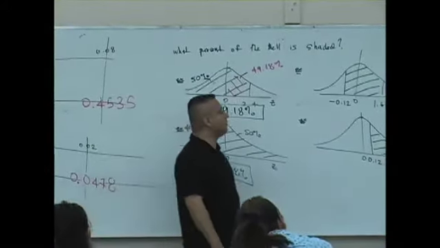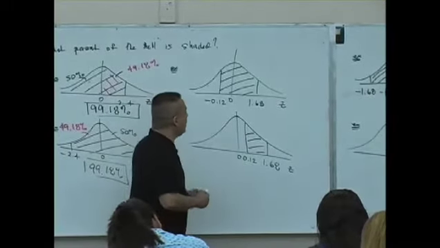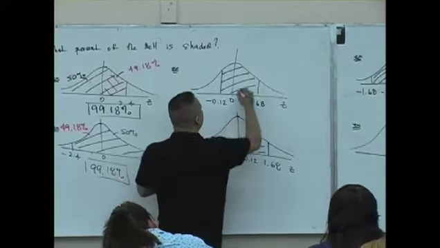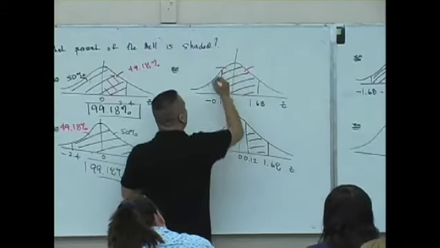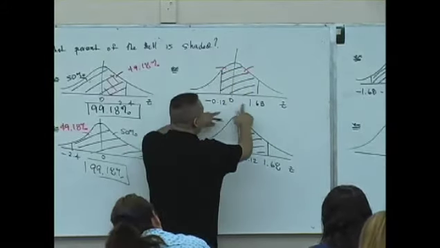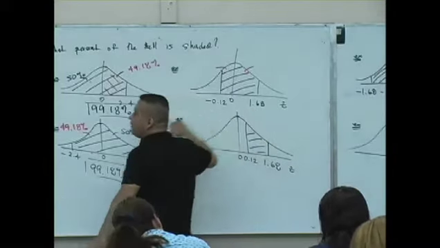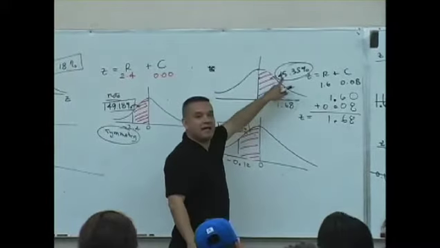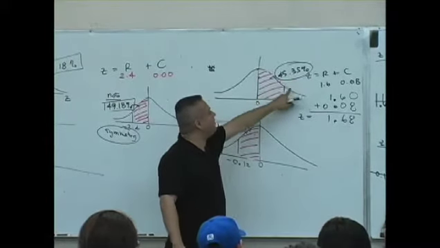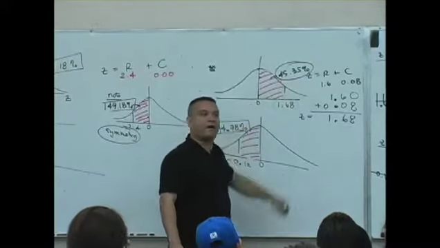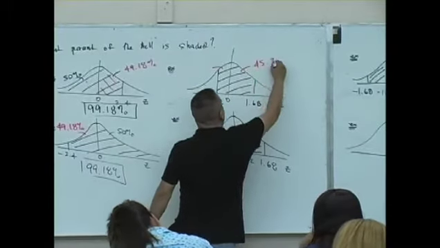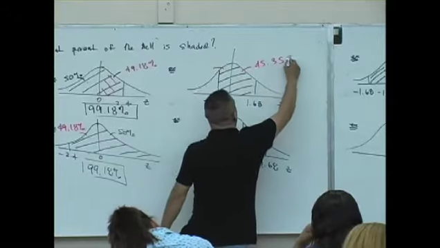What about the next one? What are you guys going to say here? Can you tell me how much was in your right pocket? From 0 to 1.68? Did you guys notice? Did we do that? Isn't that the key again? $45.35. Now, what about the left?